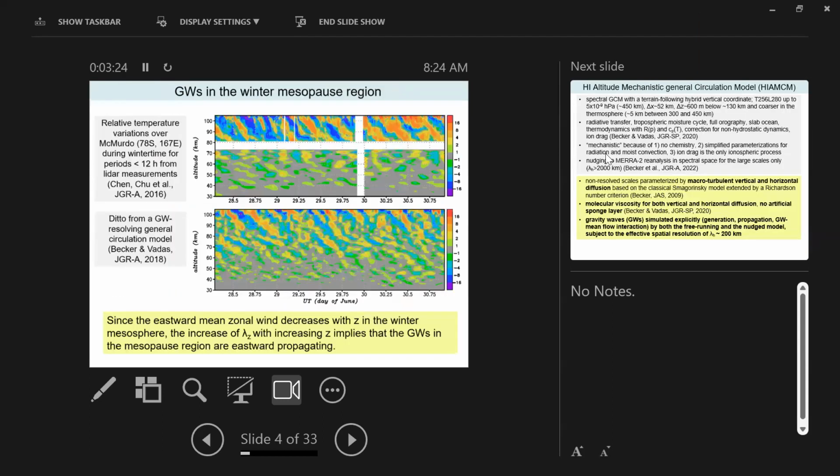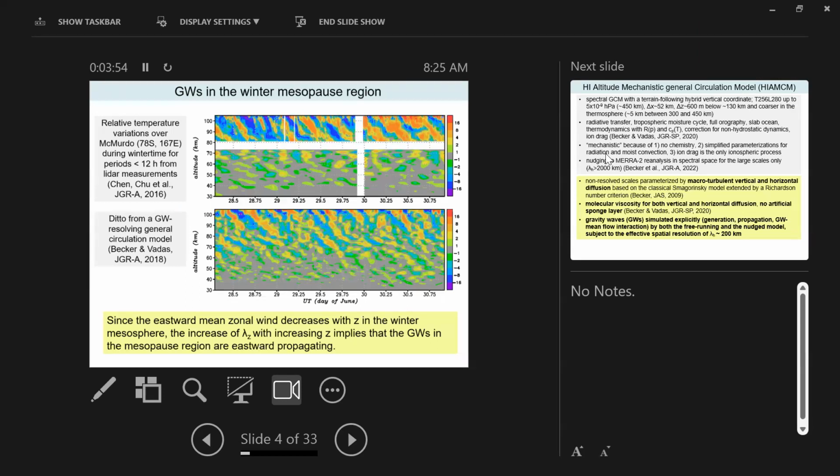Why is that? The answer was actually given by Qinzeng Chu's lidar measurements over McMurdo a couple of years ago. She calls the gravity waves that she saw during wintertime all the time persistent gravity waves. And according to conventional wisdom, these waves shouldn't be there. So what is it? You also see that the vertical wavelength of the gravity waves in the southern winter hemisphere increases with increasing altitude.